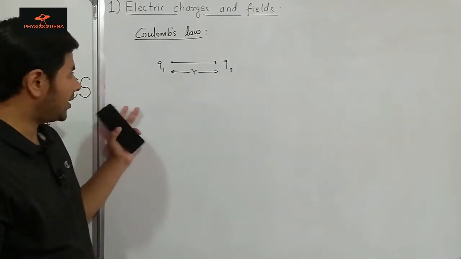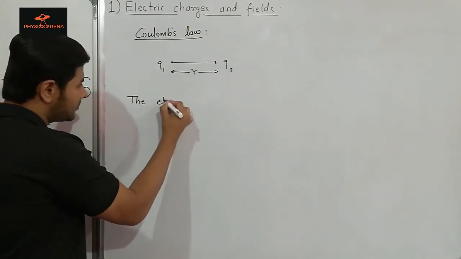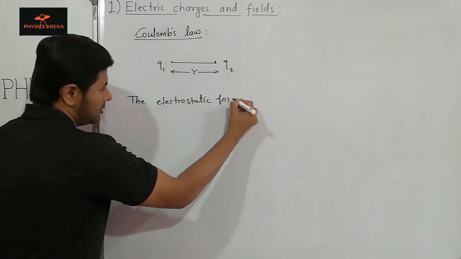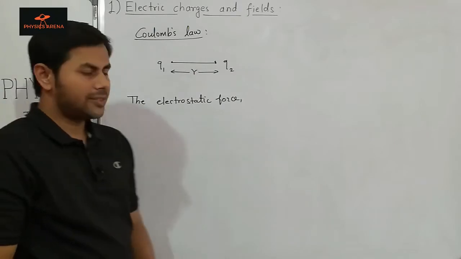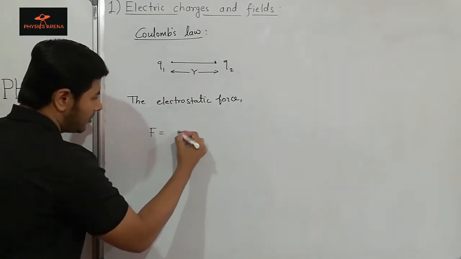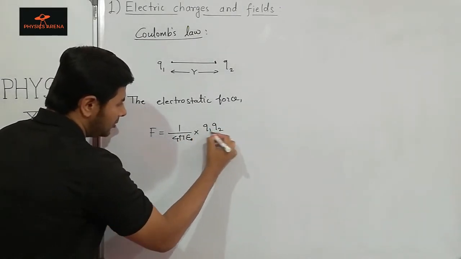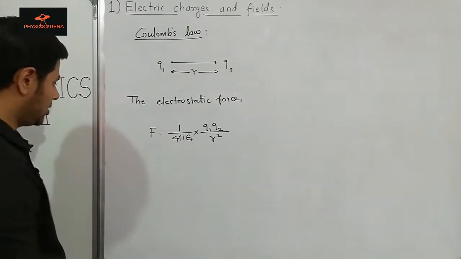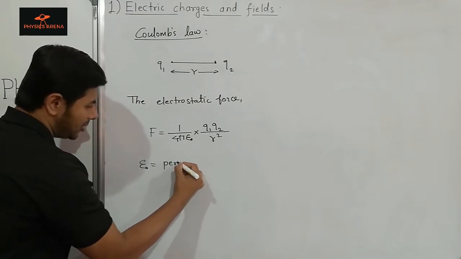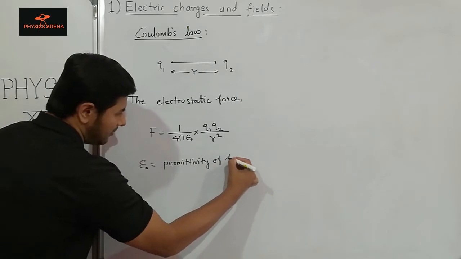Then the force of attraction or repulsion, the electrostatic force, between these two charges is given by Coulomb's law, and the force is 1 over 4 pi epsilon naught into Q1 Q2 divided by R squared. Epsilon naught is a constant which we call permittivity of free space.